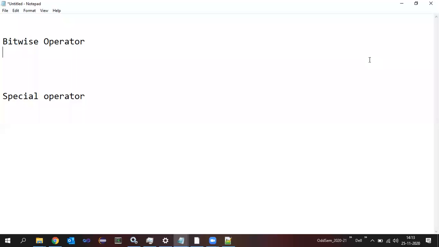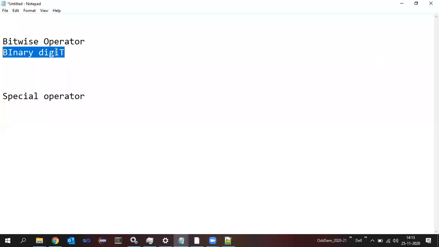Anybody knows? Binary digit. Very good. Bit means binary digit. The B and I from the first word, binary, and the T from the last word, digit, are read as bit.